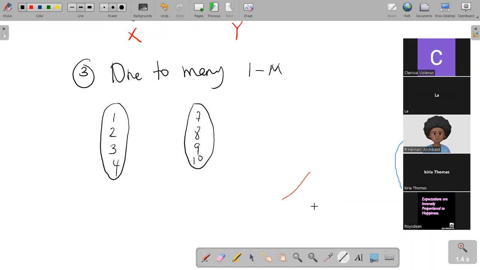So let's take a look at this one. If we're doing a 1 to many, look at this now. Don't let these lines confuse you. Look at where the lines start and look at where the lines end. So let me ask this question. Anybody seen it here? The 1 to many?